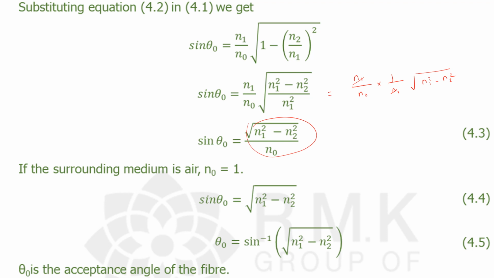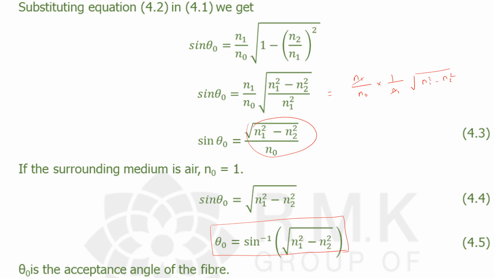Suppose I assume the outside medium to be air, then sin theta naught is equal to the square root of n1 square minus n2 square. So theta naught is equal to sin inverse of the square root of n1 square minus n2 square. This theta naught is the acceptance angle, and this is the expression for the acceptance angle.